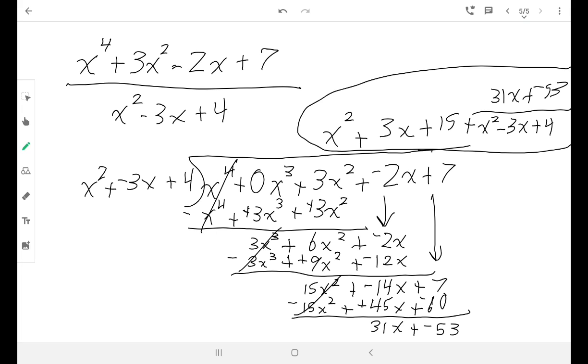So the mistake I made, I'll point it out here, is I did x squared times 4, and I wrote 3 instead of writing 4. So, yeah, I should go back and fix that.